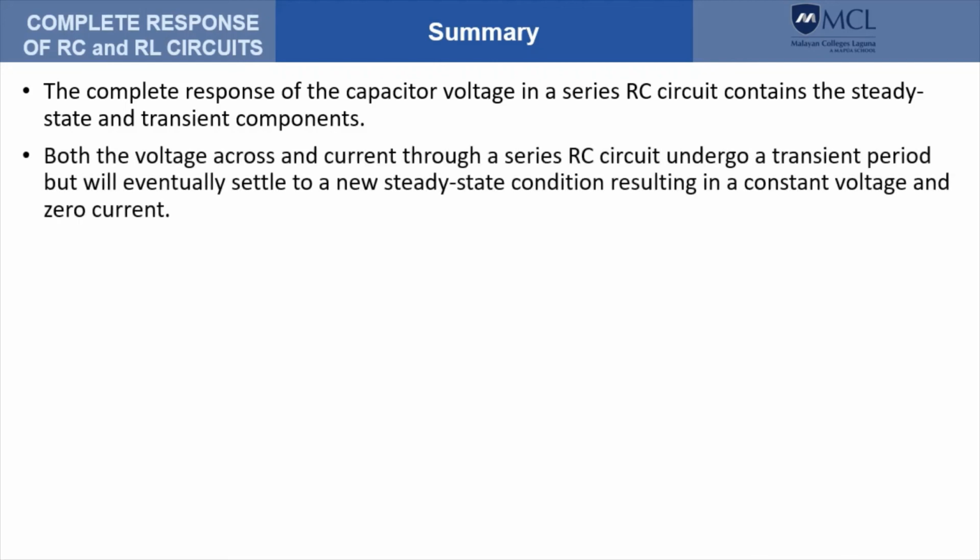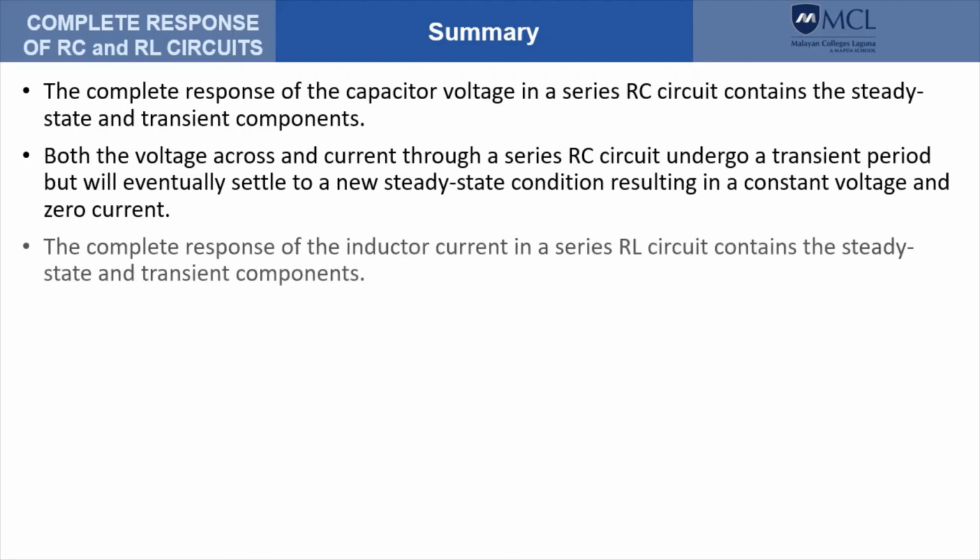Both the voltage and the current of the capacitor undergo a transient period, but will eventually settle to a new steady state condition that will result into a constant voltage and a zero current.